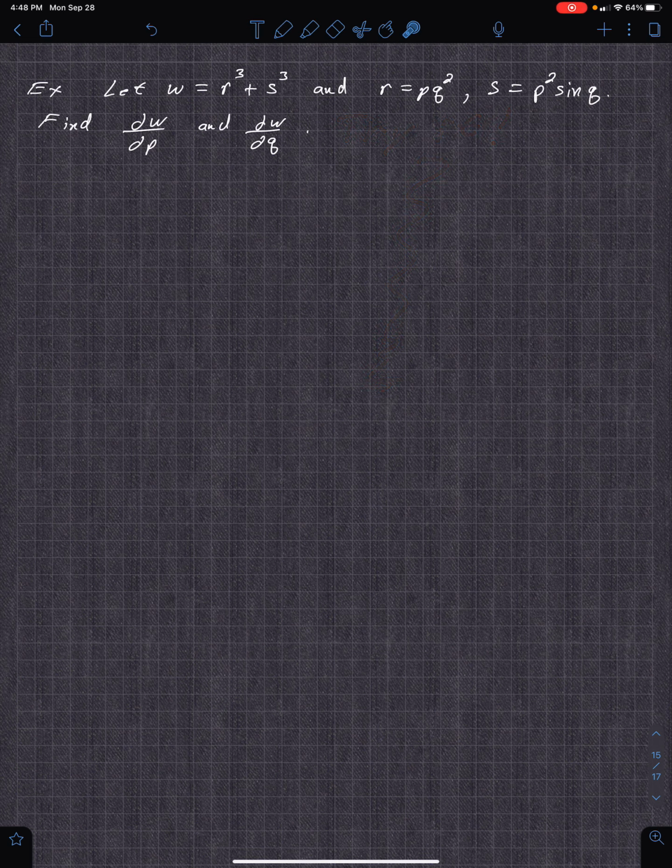So now let's calculate those. So partial w with respect to r is just 3r squared. And then partial r with respect to p, that'll just be q squared. Plus, and then 3, partial w with respect to s is just 3s squared. And then partial s with respect to p is just 2p, and you just write in sine q.